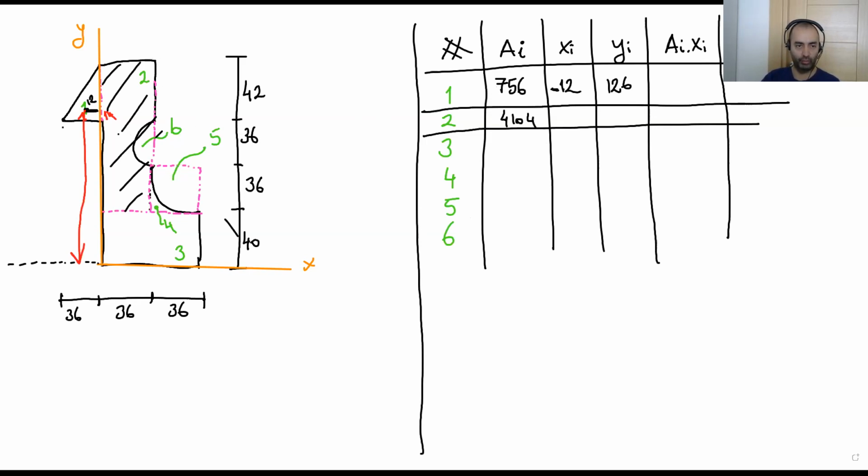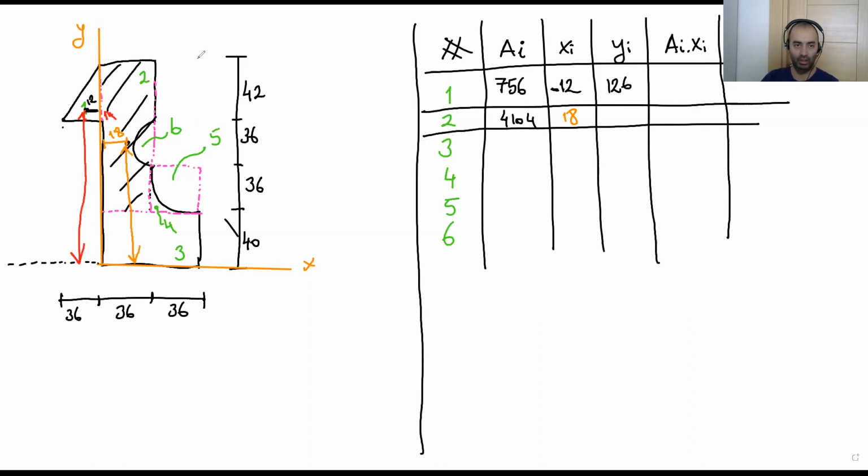The center point of this rectangle is the midpoint, you know. Midpoint here. This distance is 18, we're going to write here 18. And we are looking for this total distance, yi.